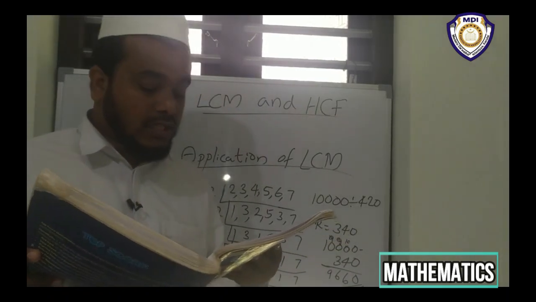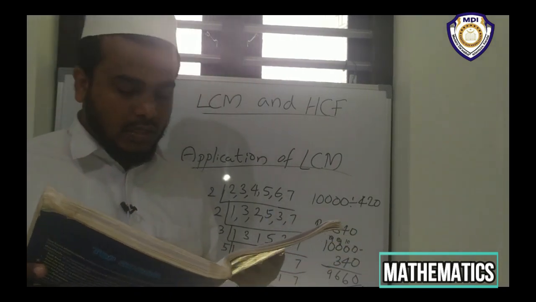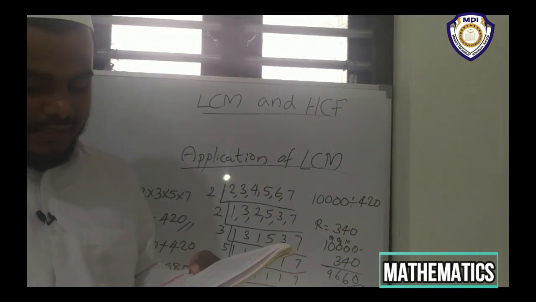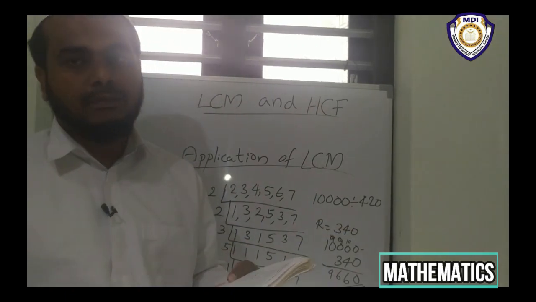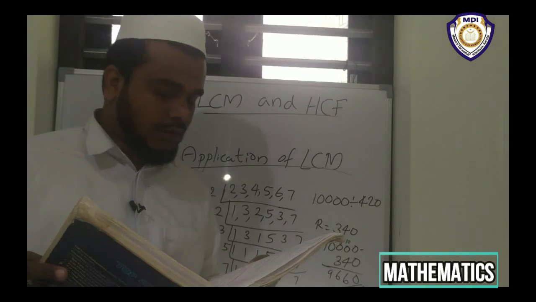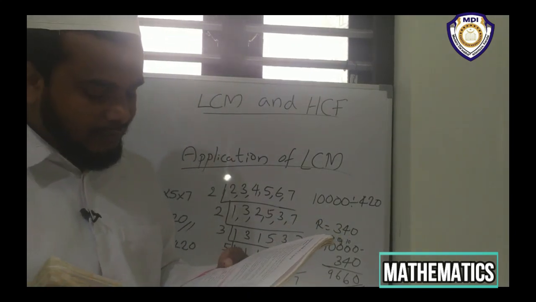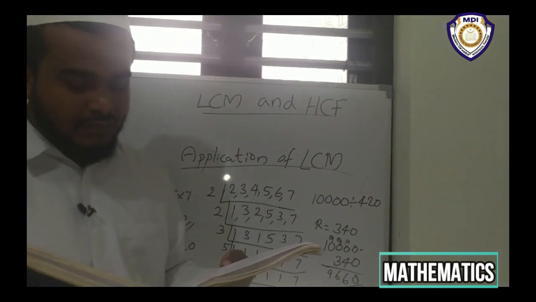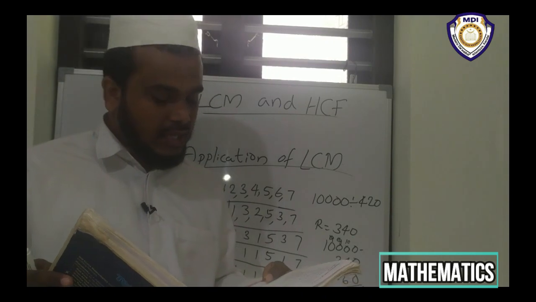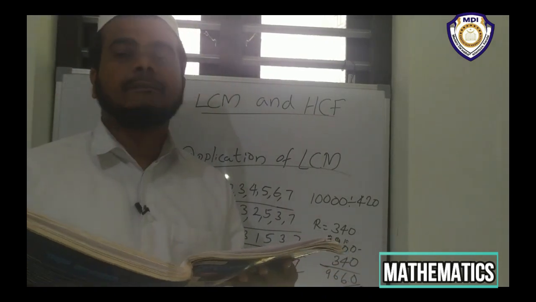Fourth: the students in a class can be divided into groups of 2, 3, 5 and 6. What is the least number of children this class can have? Fifth: 3 bells ring at intervals of 5, 10 and 15 minutes. After how much time will they ring together again if they start ringing simultaneously?